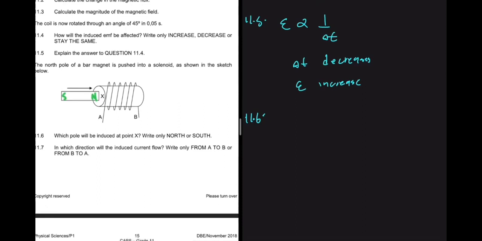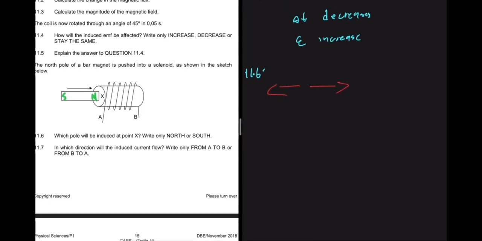If you have a bar magnet and you are either pushing it into the coil or pulling it out of the coil, a pole that opposes the interaction will be induced. What am I saying? Let me show you. So let's say we're pushing it towards the coil.